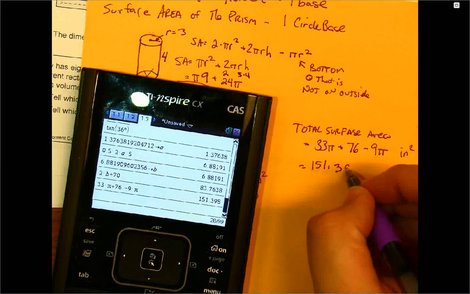Round to the nearest tenth, 151.4 inches squared.